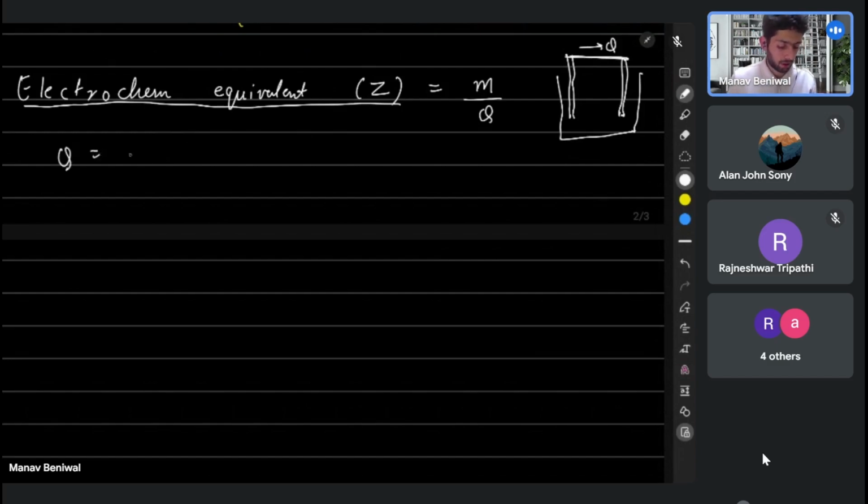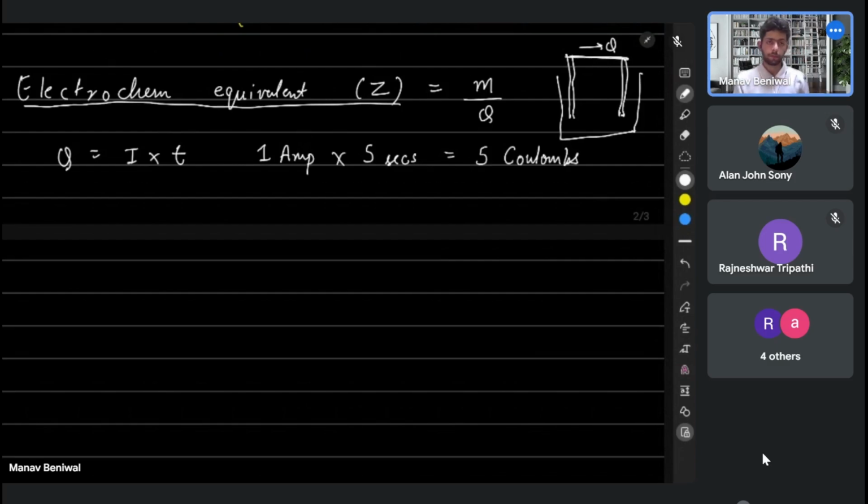Q will be your current multiplied by time, right? So let's say you flow 1 ampere current for, let's say, 5 seconds. This will give you 5 coulomb of charge.